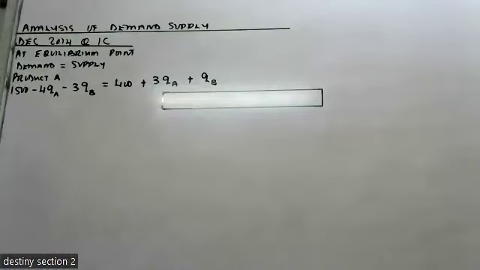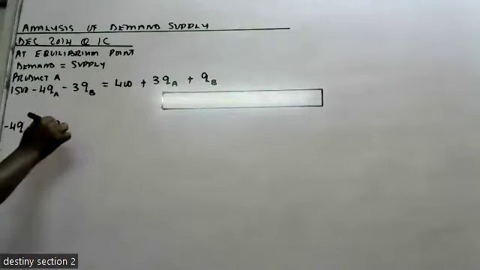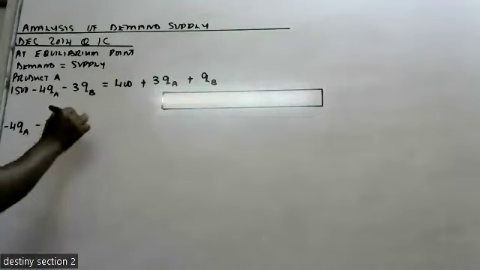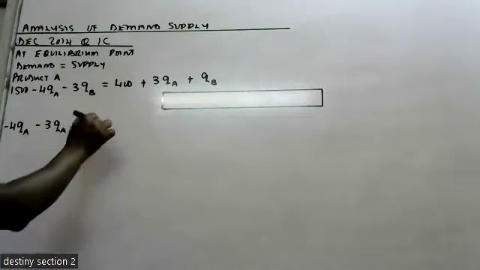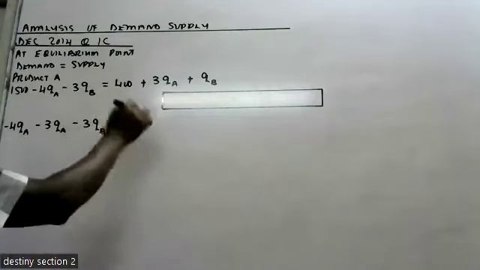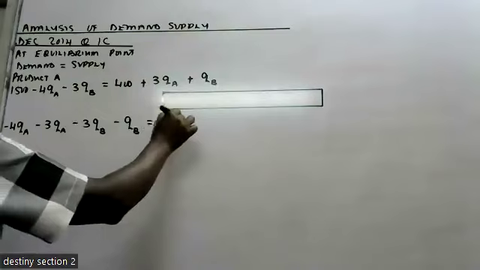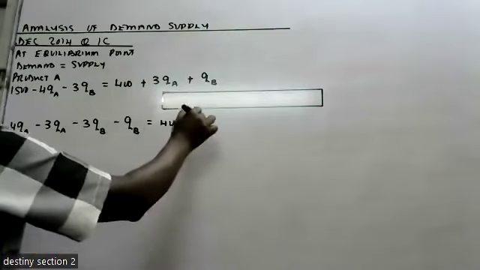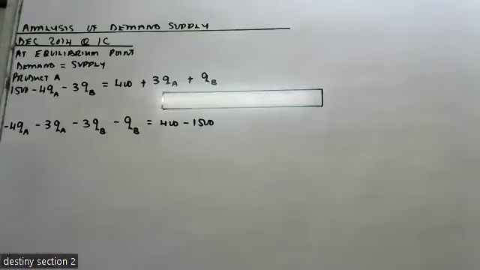So putting items together, I will be left with minus 4QA, then minus 3QA when it crosses over to this other side, then minus 3QB minus QB to be equal to 400 minus 1500 when I put the right terms together.